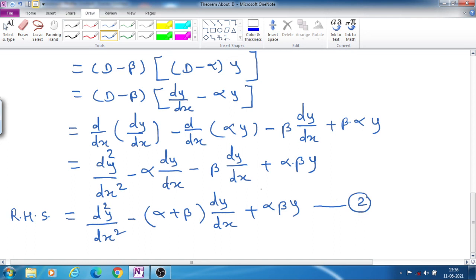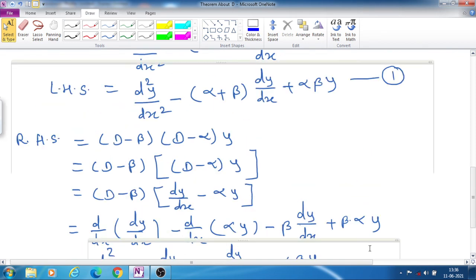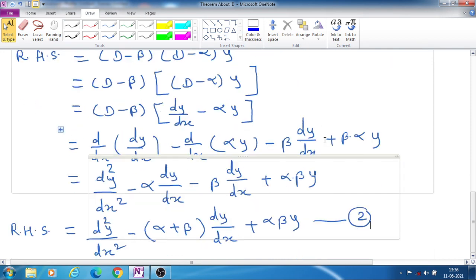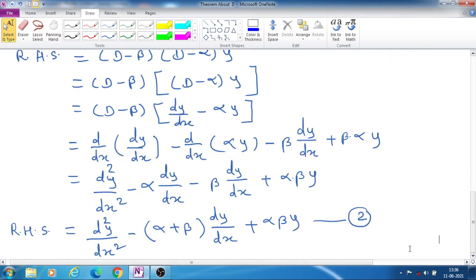Now you can see equation number 1 and equation number 2, that means the value of LHS and the value of RHS. LHS was d2y by dx square minus (alpha plus beta) dy by dx plus alpha beta y, and RHS is also d2y by dx square minus (alpha plus beta) dy by dx plus alpha beta y.